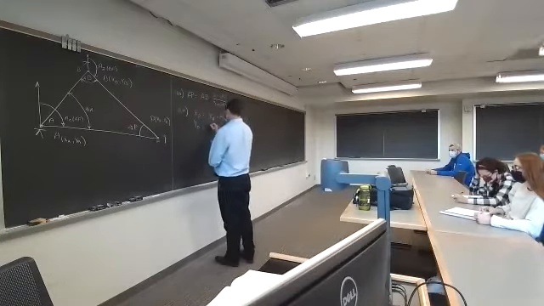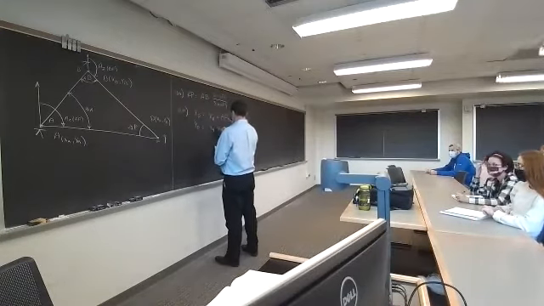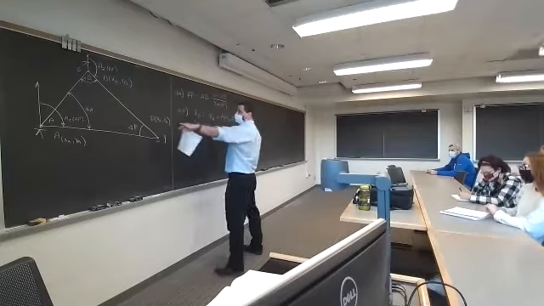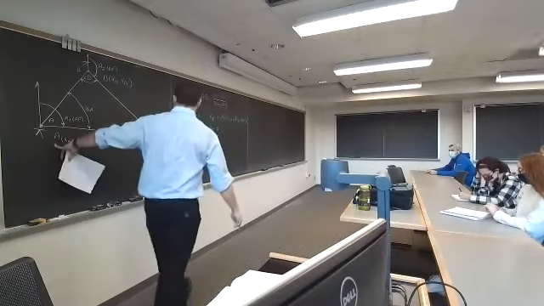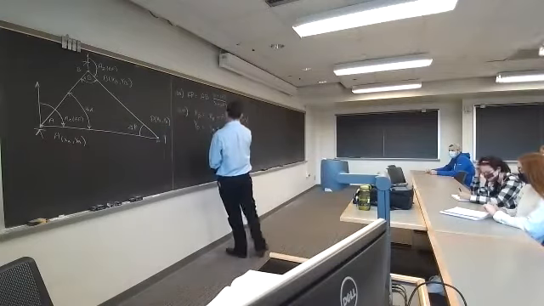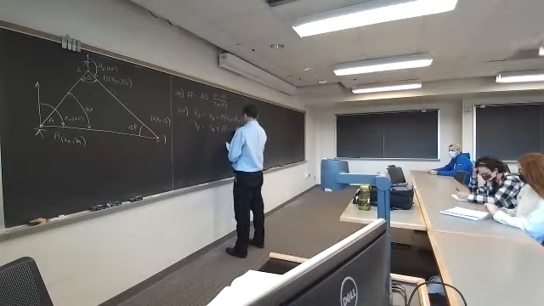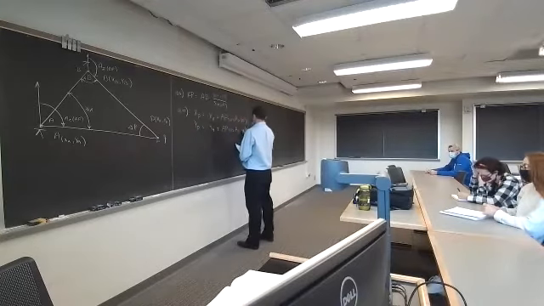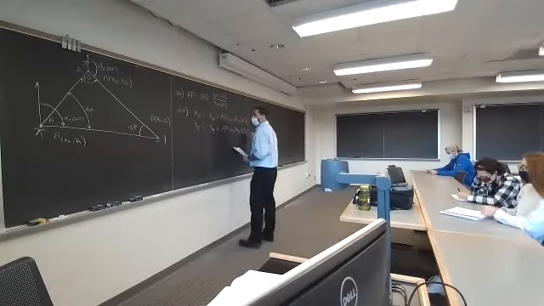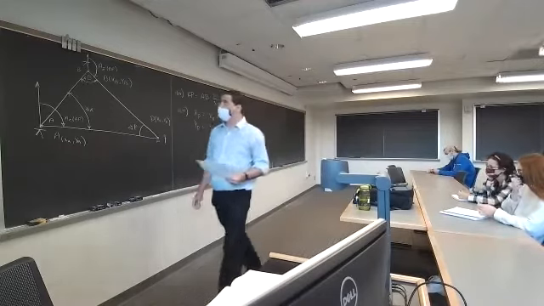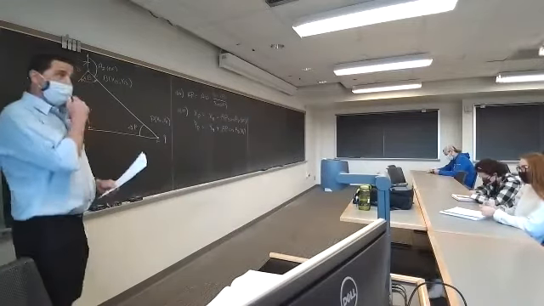And YP, so the coordinate Y at point P is going to be Y at point A plus length AP cosine of the azimuth AP. Agreed?